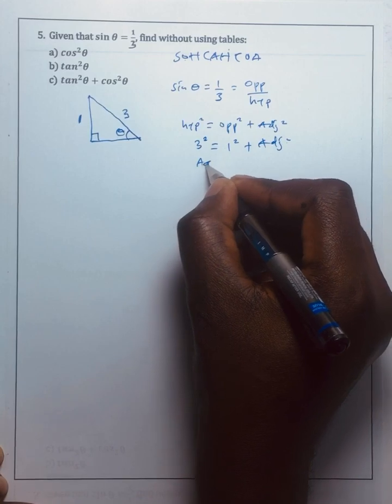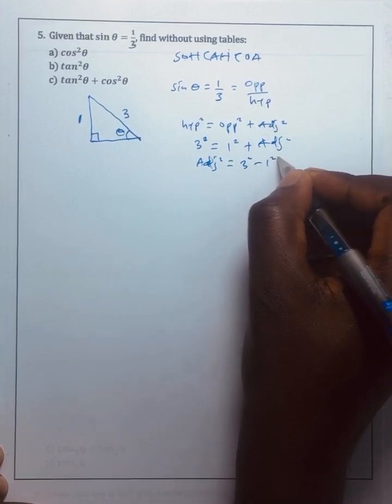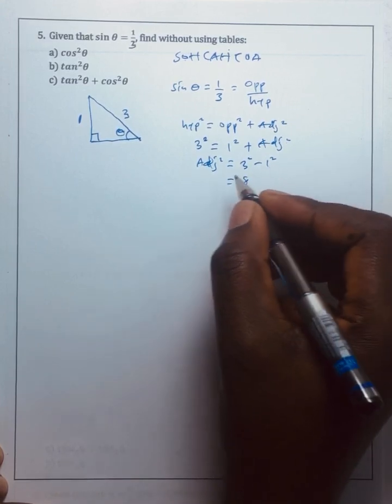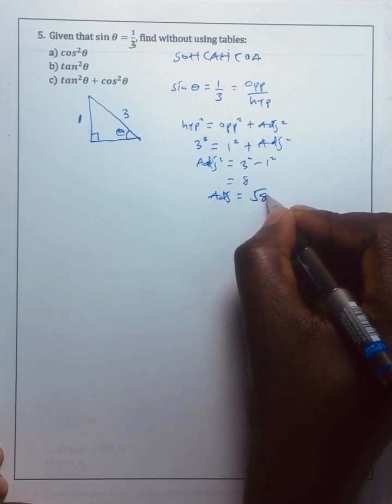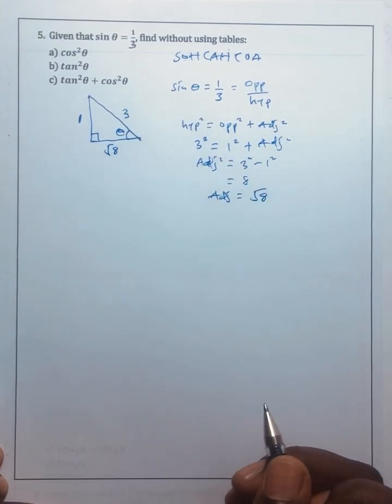So for us to get the adjacent, we're just going to take 3 squared minus 1 squared, and that is 9 minus 1, which is 8. So the adjacent is just equal to the root of 8.